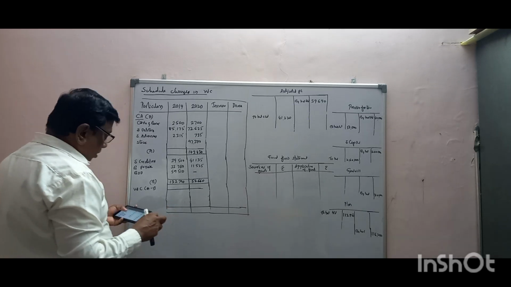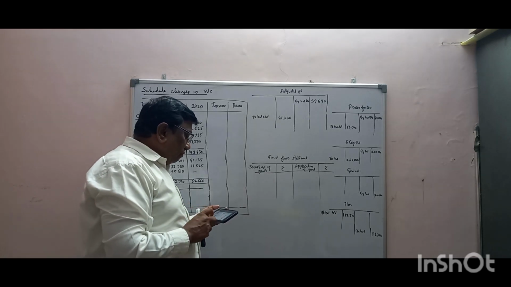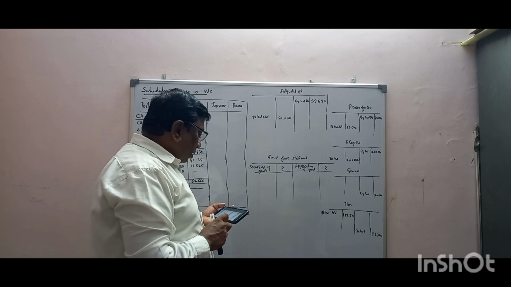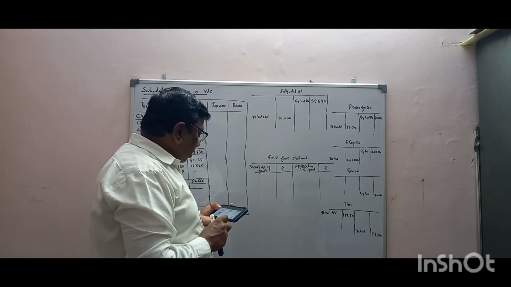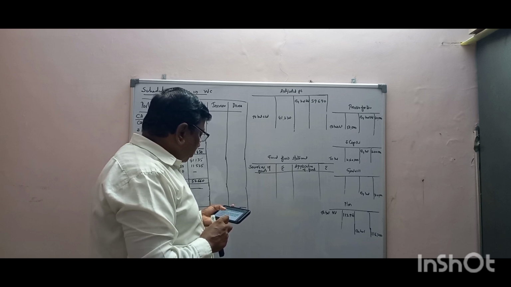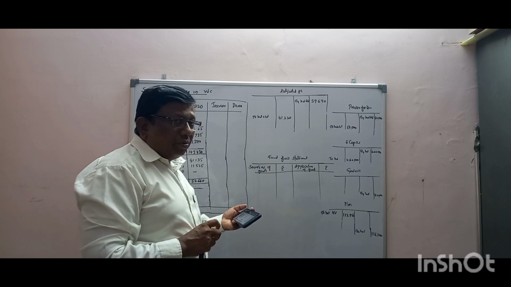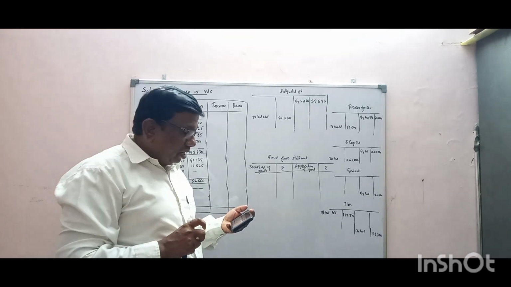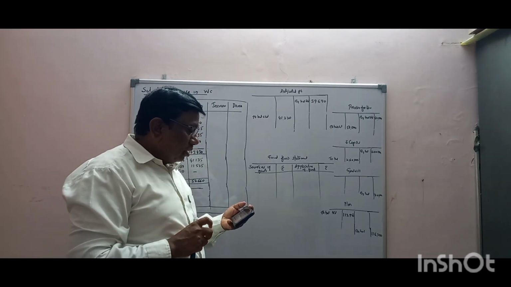Land and building: 1,48,500 and 1,44,250. In the adjustments there is no mention of land and building, so it is a small difference, and depreciation has not been provided. If it were a huge difference, I would write sale.